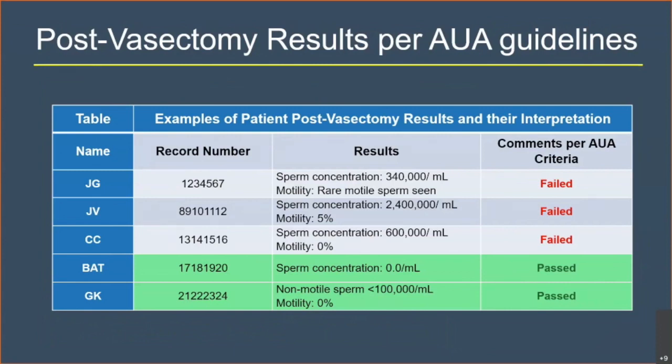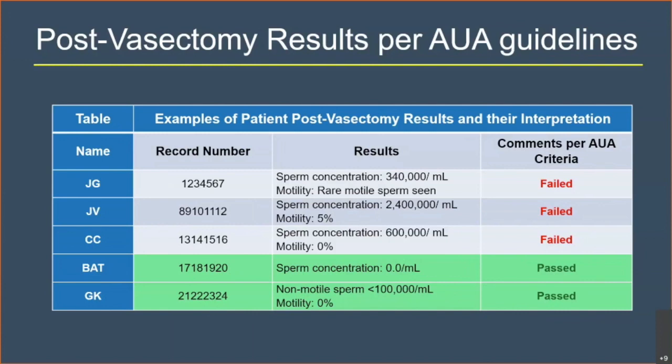So these are some more results. These are actual results, but we have anonymized them, and these provide the results per the AUA guidelines. If you look at the first three results, they have failed the AUA criteria. The first one had a concentration of 340,000 non-motile sperm, plus had rare motile sperm seen. The second one, 2.4 million with motile sperm, fails the criteria.